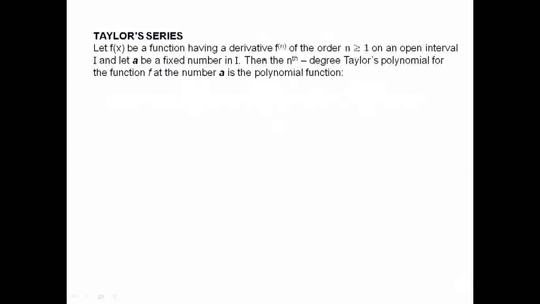So we are saying this function has a derivative of order n greater than or equal to 1 on an open interval I, and let a be a fixed number in I. Then the nth degree Taylor's polynomial for the function f at the number a is the polynomial function that is shown.